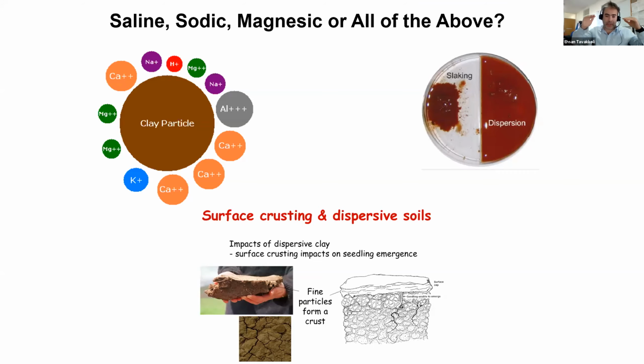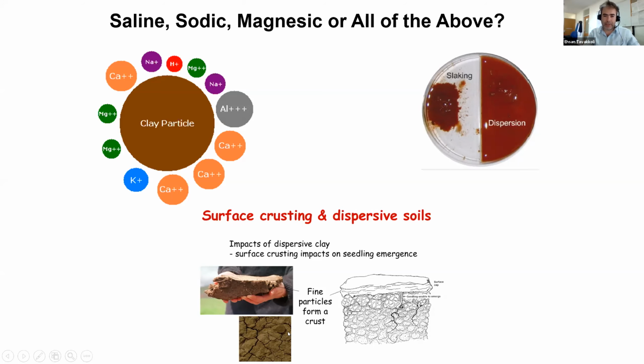Imagine the rain or irrigation water trying to infiltrate into the deeper soil profile, and you get waterlogging. The reason is that this cementation, or hard surface of dispersed clay after it dries out, prevents that infiltration from happening. So in a sodic soil, we often have a major soil structural problem.